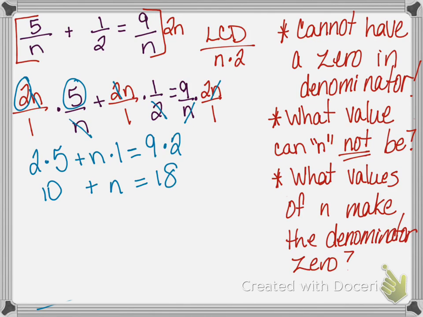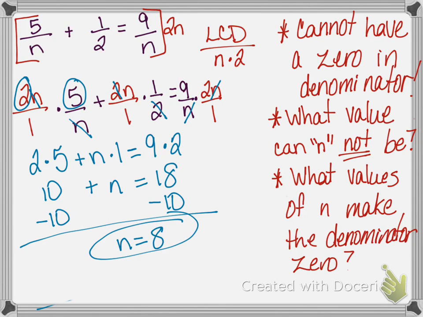I subtract 10 from both sides, and what's my value of n? 8. Does 8 make this denominator 0? No. We said the only value that n could not be was 0. We got n equals 8, so we're golden.